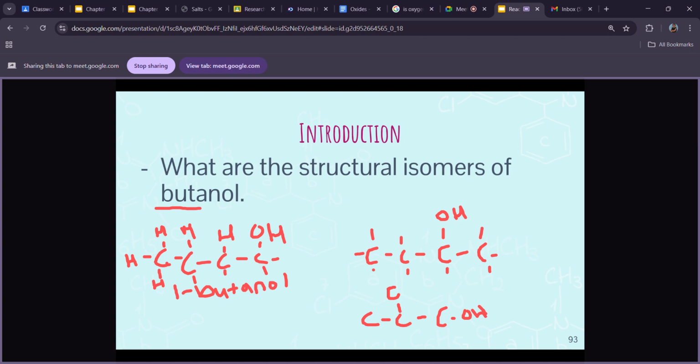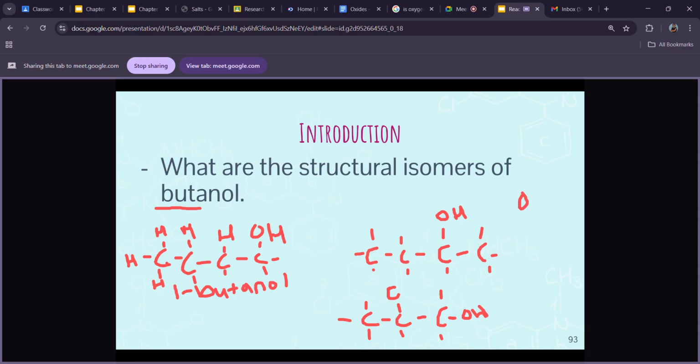And a good way to know if your structures are isomers is if they have different names but they have the same number of atoms. So they have different names but the same number of carbon atoms, same number of hydrogens, and the same number of oxygens. So in this case, the name of the second one, the suffix tells us the functional group.